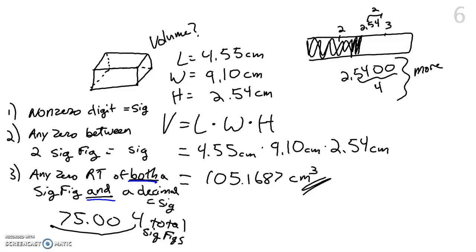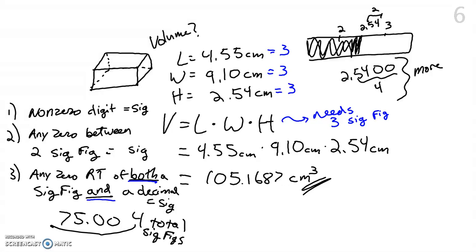Let's look back at our question here. How many significant figures do we have here? 3. Here, same thing, 3. Here, 3. So our answer, if we're multiplying, needs 3 significant figures.